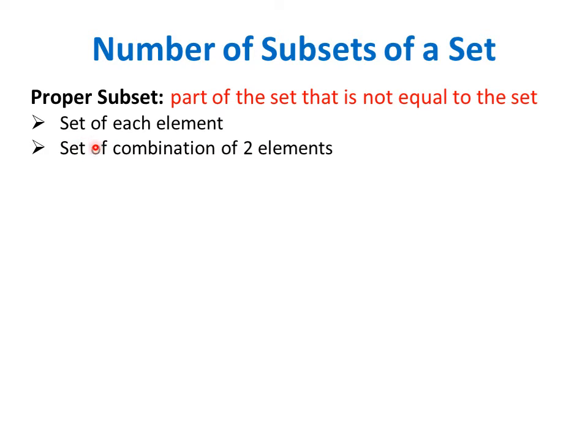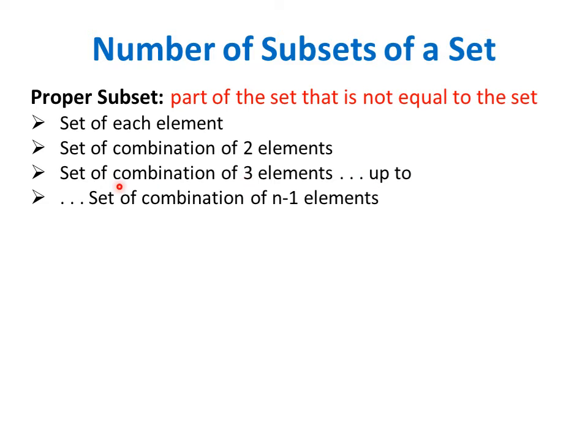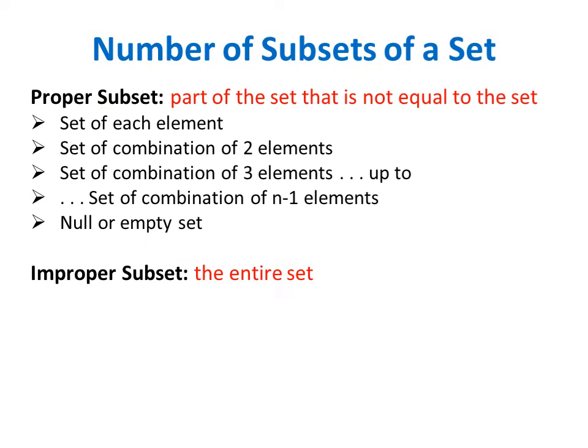Second, you have the set of each combination of two elements. Then we also have the set of each combination of 3 elements and so on up to the set of combination of n minus 1 elements. Then, since the null set is a subset of any set, remember? So the null set or empty set is another proper subset of a set.